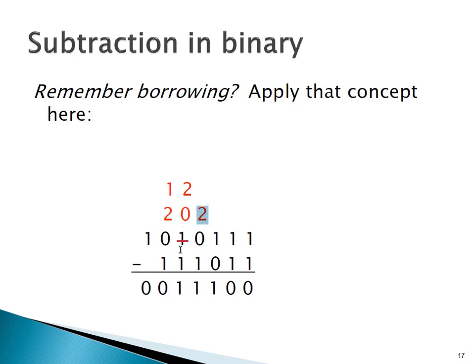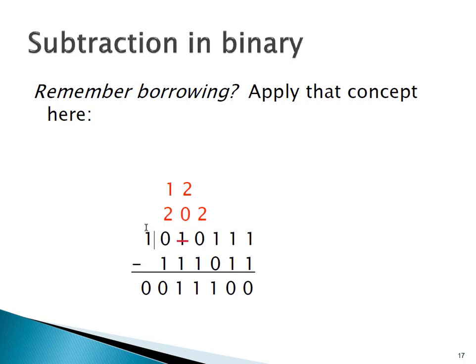Now on this side here, since we borrowed away this 1, we have a 0 here. So this 0, we don't have enough to subtract the 1. So what do we do? We borrow. But where do we borrow from? Because if we go next door, there is nothing to take away. But there is something to take away the next door after that.